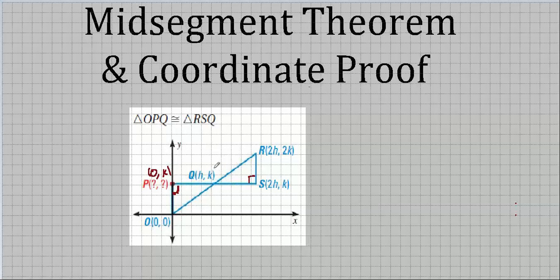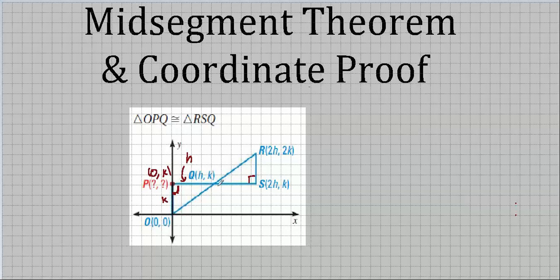So the distance from here to here is just h minus 0. That's the length of this segment here. What about this segment? Well, the x-coordinates don't change, it's just 0 to k. So that has length k.